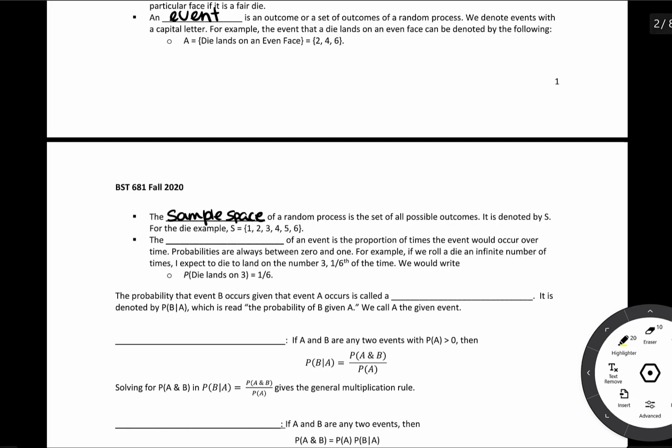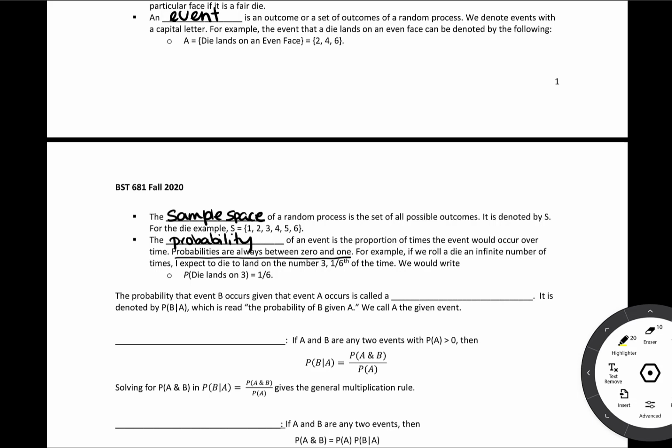And then finally, the probability of an event is the proportion of times the event would occur over time. Probabilities are always going to be between 0 and 1. If you remember back to your intro stats course, p-values for hypothesis tests were always between 0 and 1. This is because p-values are really probabilities.